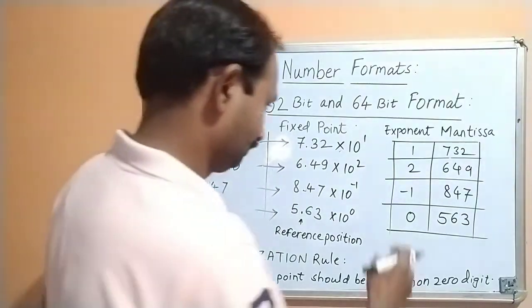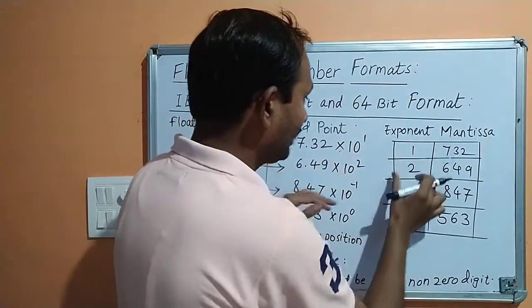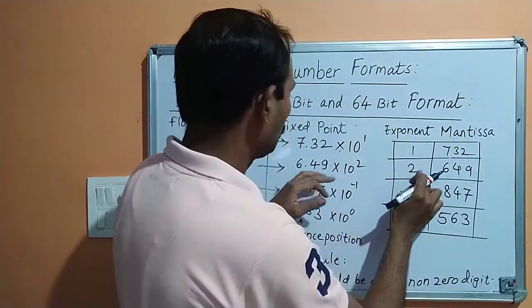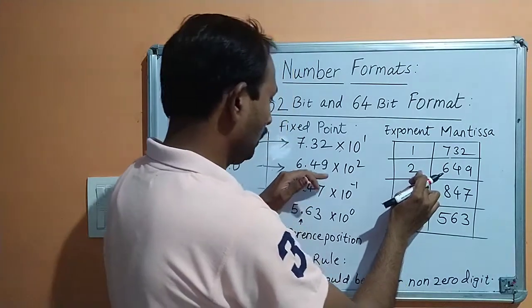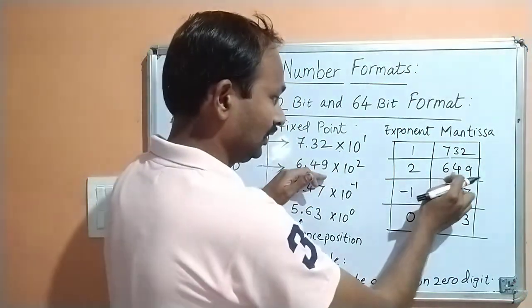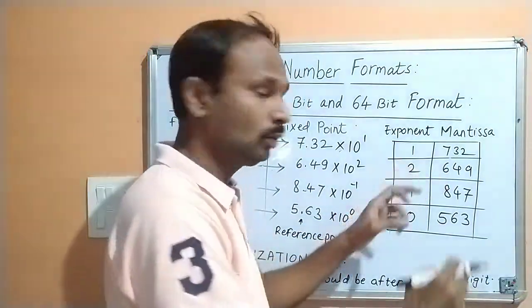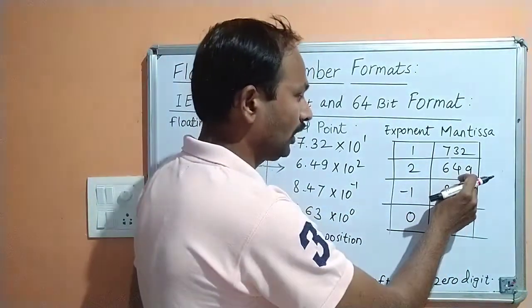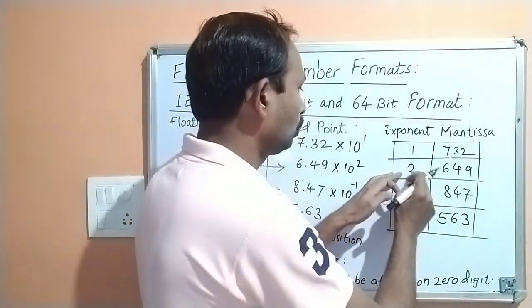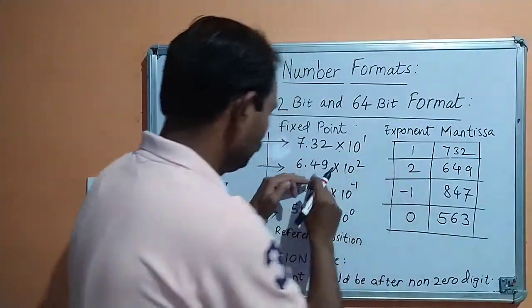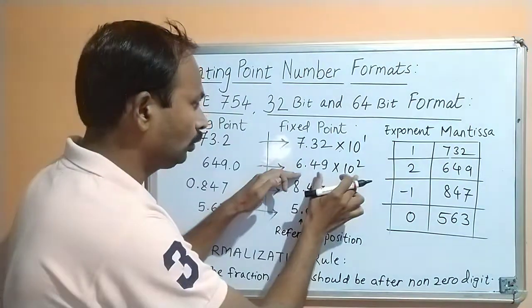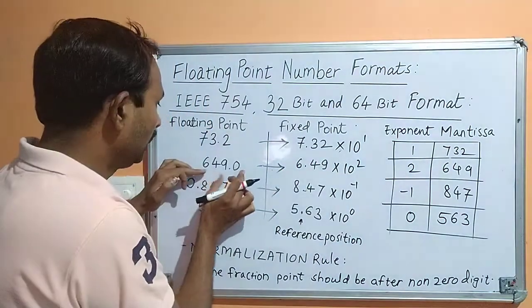Next, exponent is 2, the base value is 649. So the computer will understand this value as 6.49 into 10 raised to 2. So 6.49 into 10 raised to 2 means what? 649.